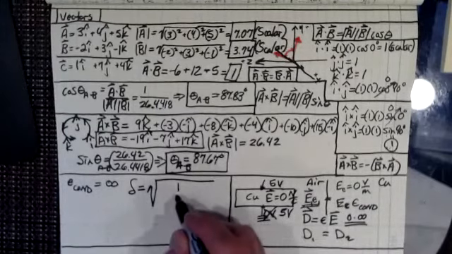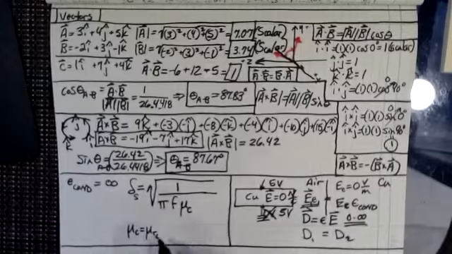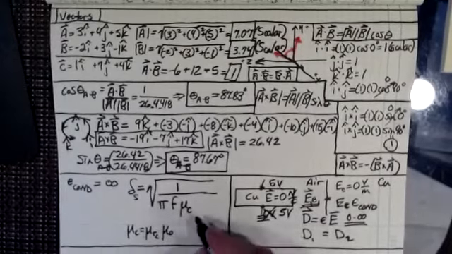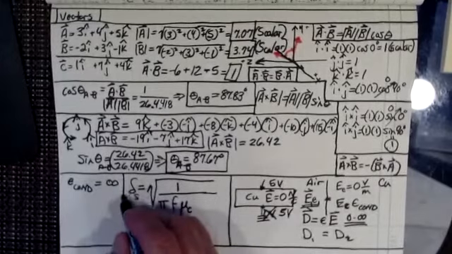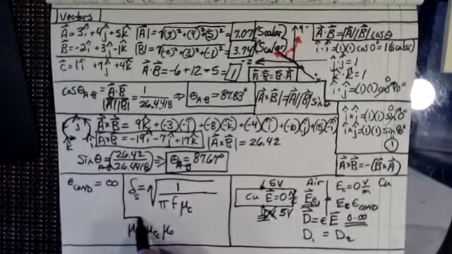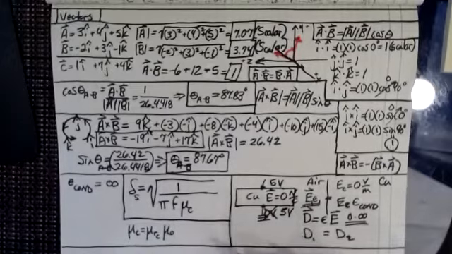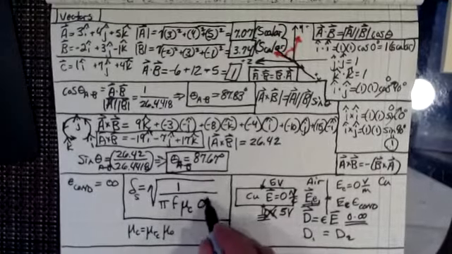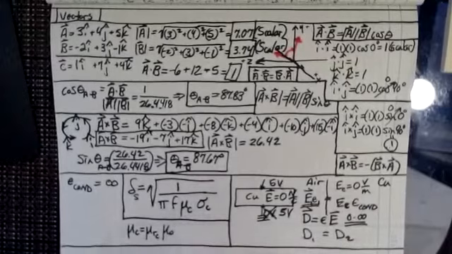That's why I put that C there. That C still means we're talking about the permeability of the conductor, which equals the relative permeability of the conductor times the absolute permeability. Let's not forget that. But this is the permeability of the conductor times the conductivity of the conductor.